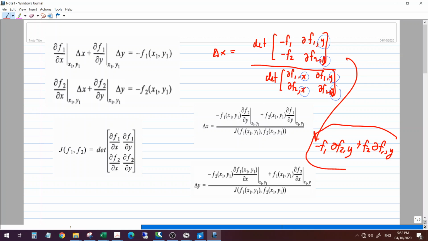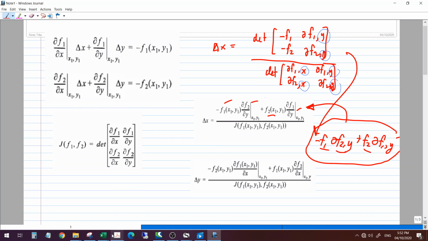So that's basically the solution for delta x and delta y.